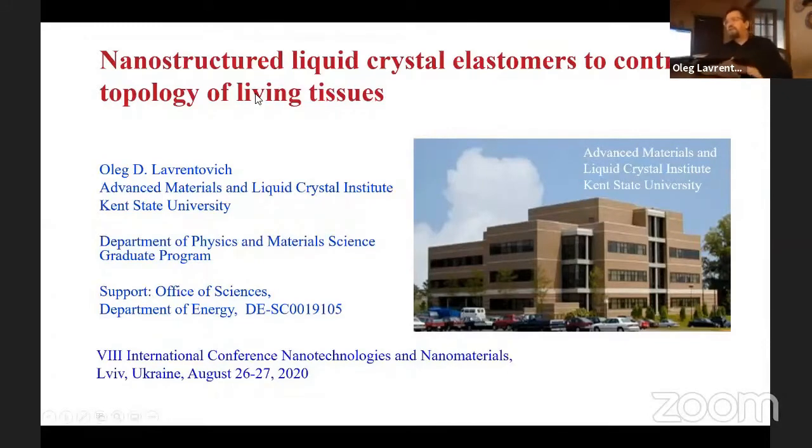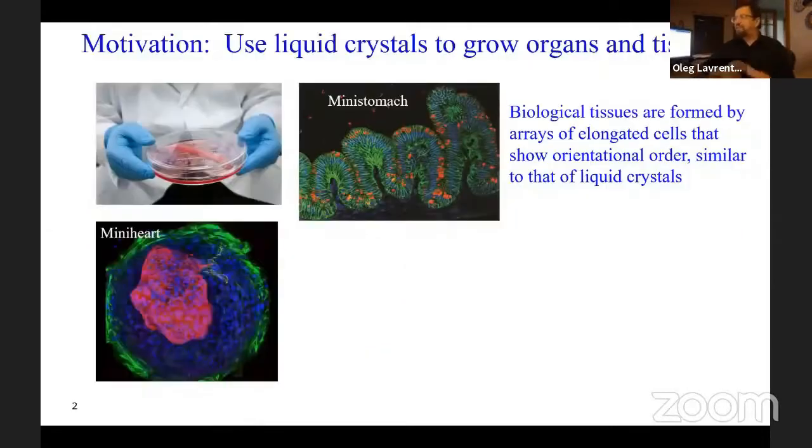I would like to talk about our work on how to use liquid crystal elastomers or liquid crystal polymers to control living tissues. The motivation for this work stems from the recent developments in the biomedical field in which people are trying to grow organs and tissues.